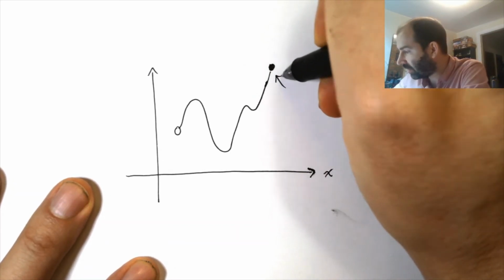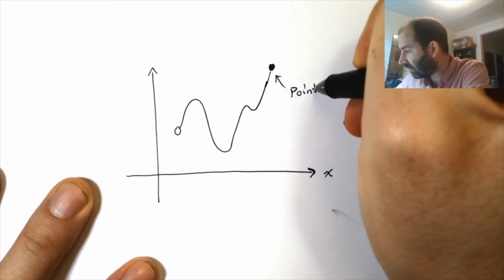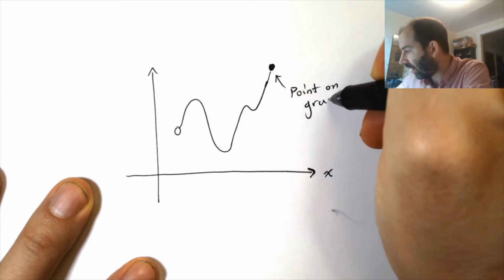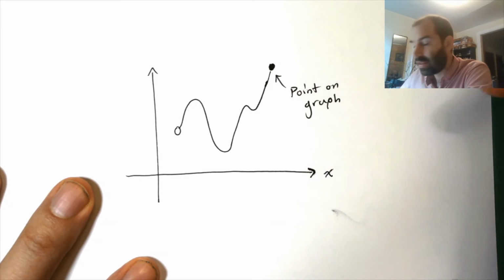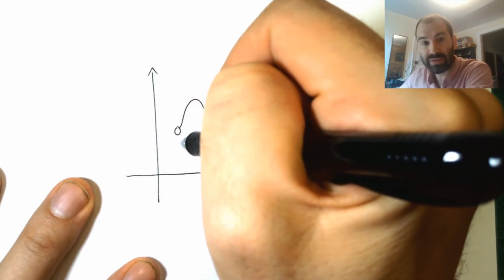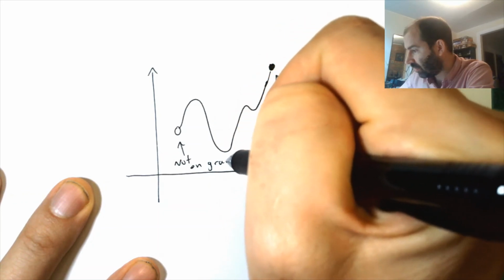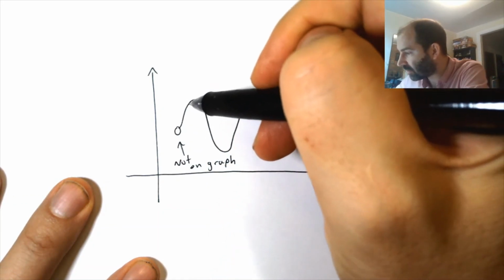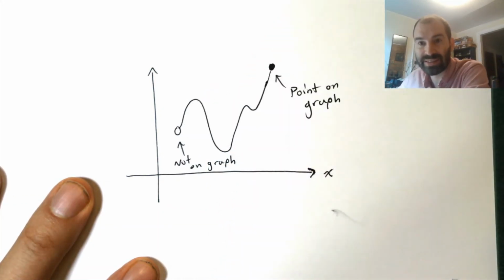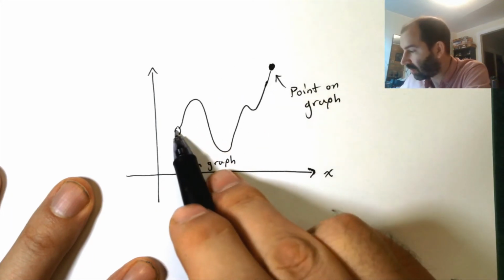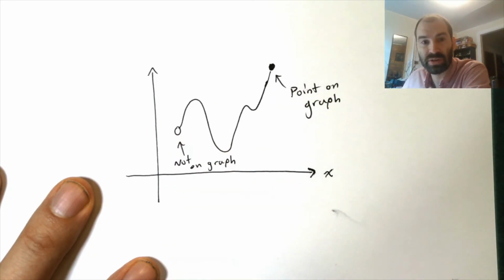So this point is on the graph. This is on the graph. This point is not on the graph. So the graph goes up to this point, but never actually gets there. And that's why we use an open circle as opposed to a closed circle.